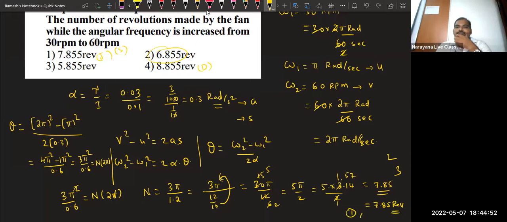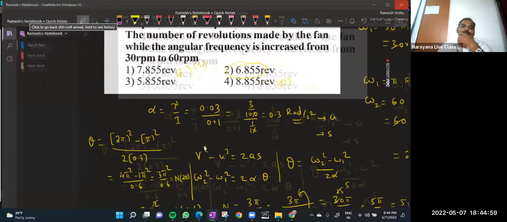Everyone understood? Try this problem, question number 55.